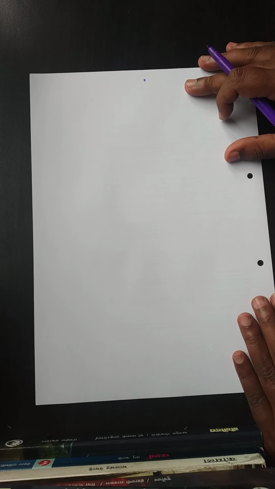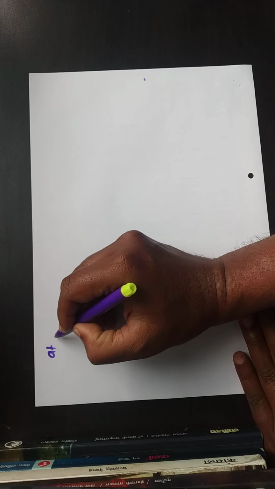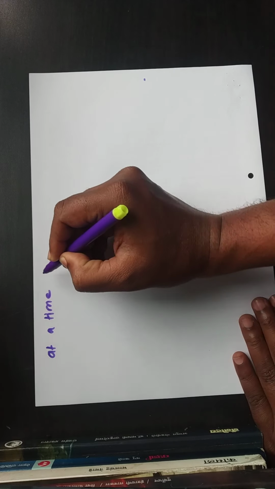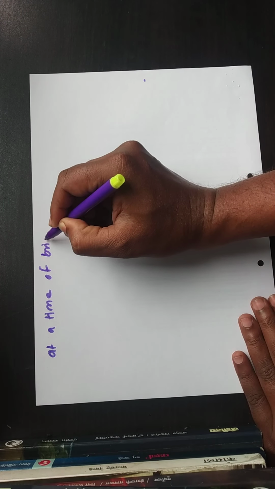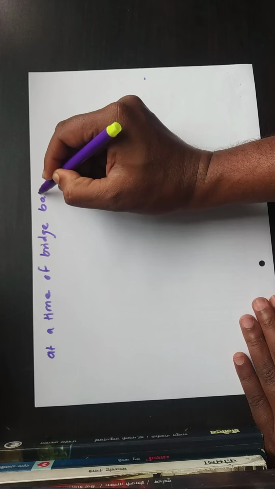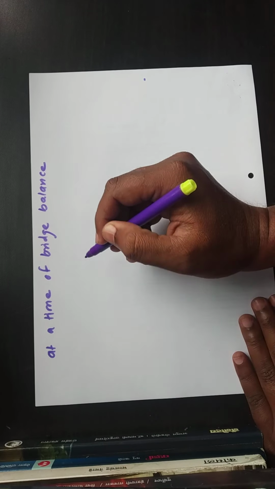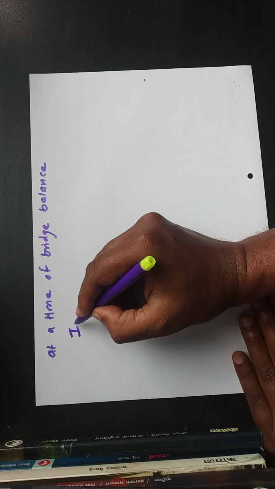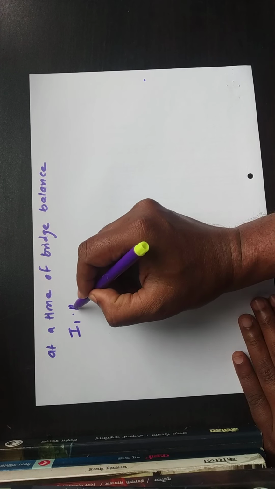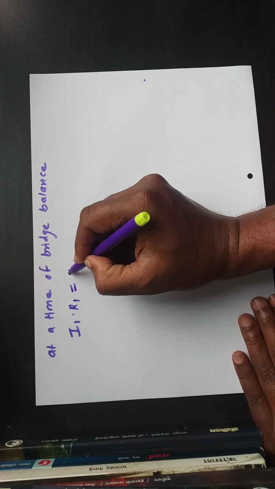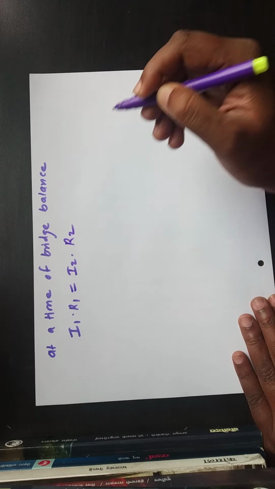At the time of bridge balance, your current I1 into R1 is equal to I2 into R2.